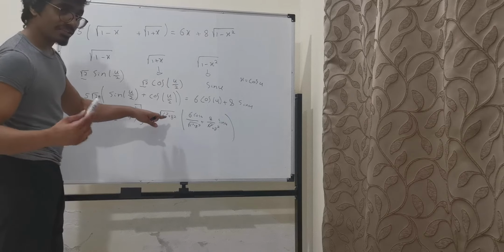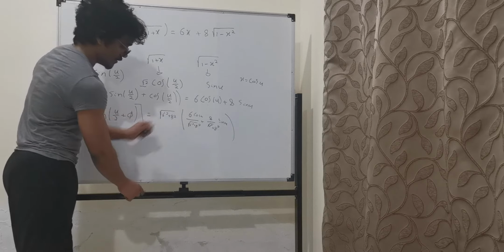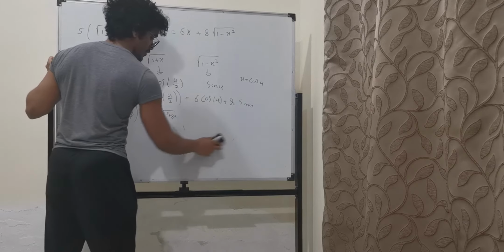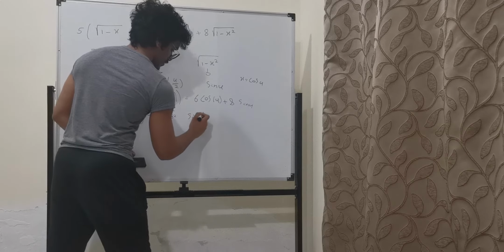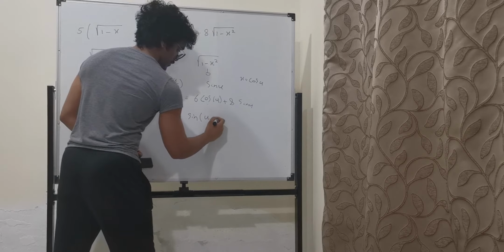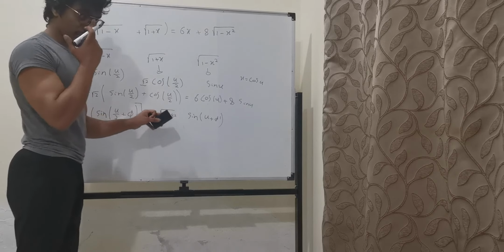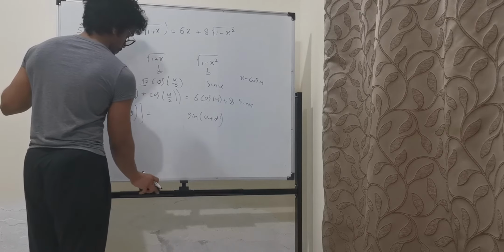But here we can see that we did proceed somehow, because we wanted to write it as a sum, sine of the angle plus another angle. So this is just sine of u plus phi prime. The coefficient, which is the square root of 6 squared plus 8 squared, is just 10.